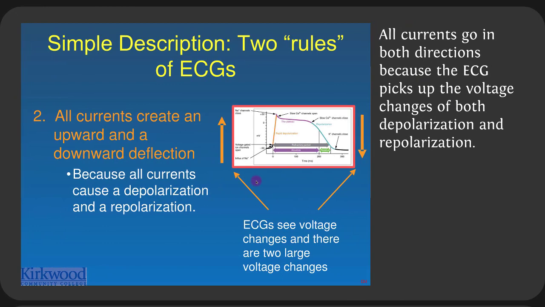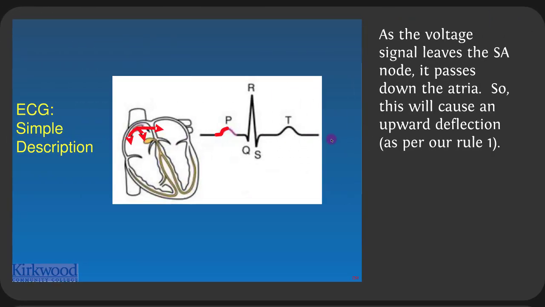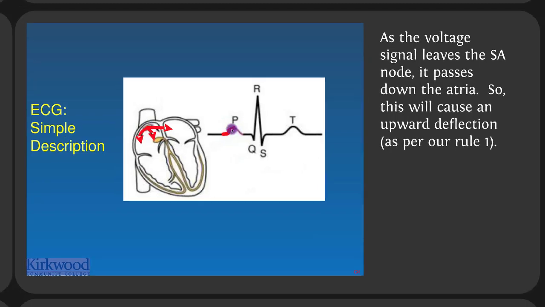That's one rule. The other rule is all currents go in both directions because the EKG picks up the voltage change of both depolarization and repolarization. What that means is as the voltage signal leaves the SA node, it passes down the atria. So this is going to cause an upward deflection on the EKG because a current down the heart goes up on the EKG.